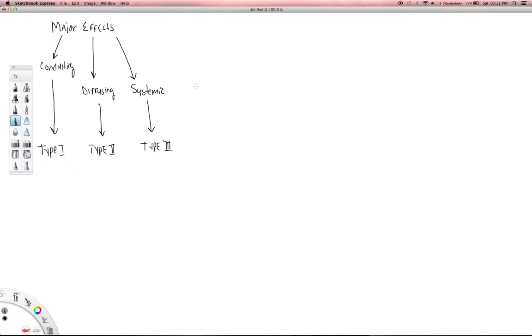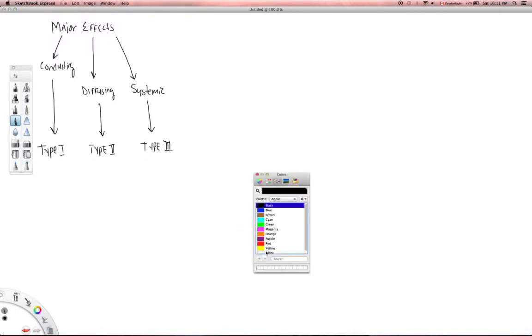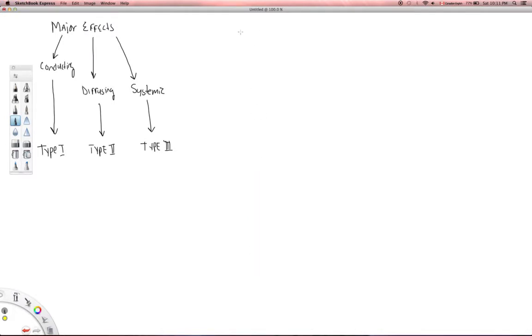Okay, so I can't really talk about every agent that there is, but let's just talk about some major ones. I think what I'll do is maybe I'll try to use some different colors. So let's do yellow here. All right, so let's talk about sulfur mustard.